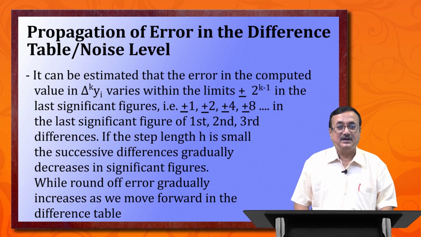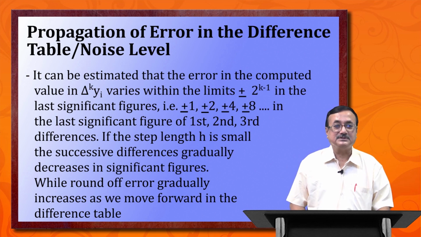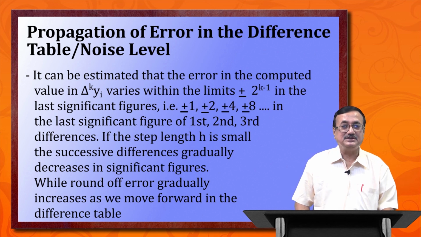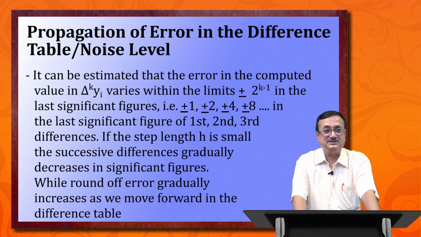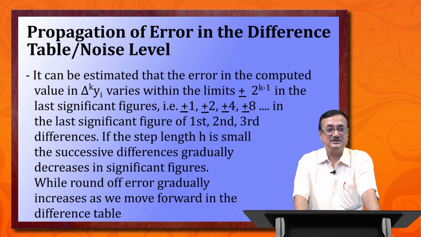I have already told you that the significant digits in the successive differences gradually go down, and here we see that in the successive differences the error magnitude gradually increases.